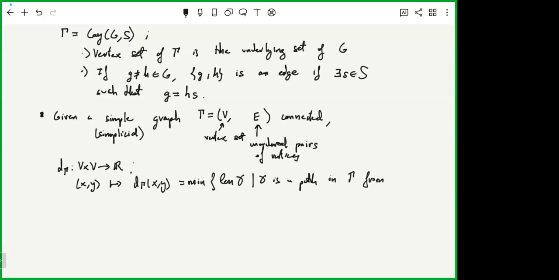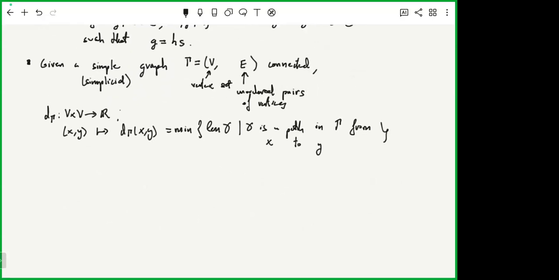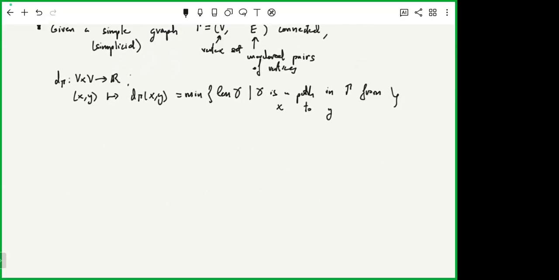So let's see some examples. Now we apply this to our groups and we can get metric spaces. Given a finitely generated group G and some symmetric finite generating set S, we can define a metric space.